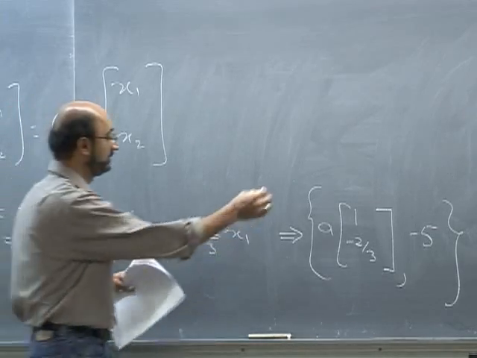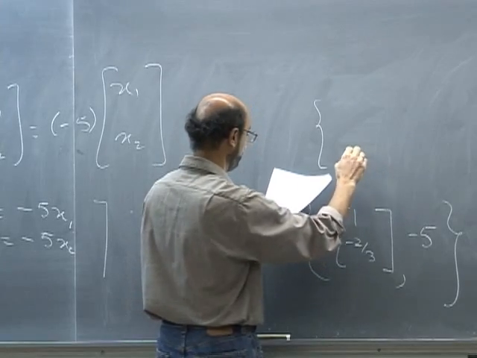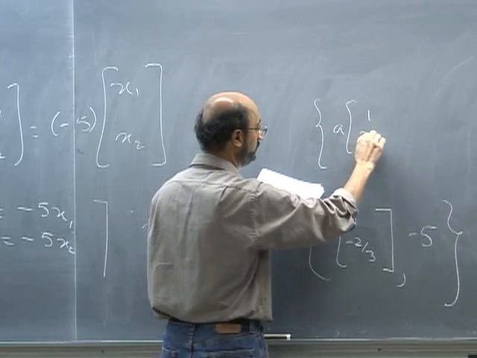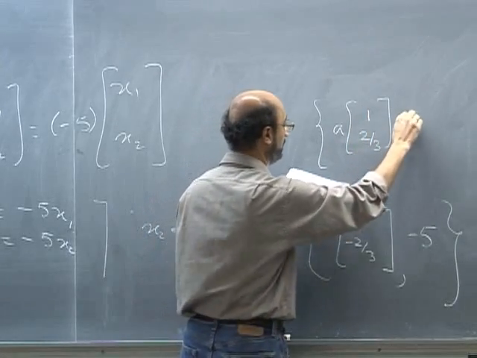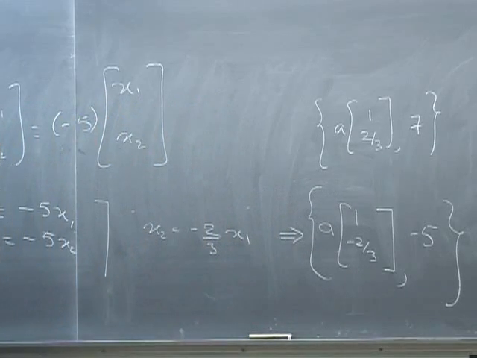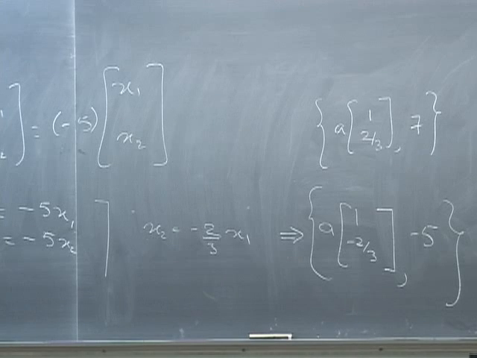A similar set of reasoning will give you the other vector, a times (1, 2 over 3), which gives you the value 7, and that's the other solution. For those of you who are grading, so all of you should be grading somebody's, that should be the answer over there: (1, 2 over 3) times some constant and (1, minus 2 over 3).